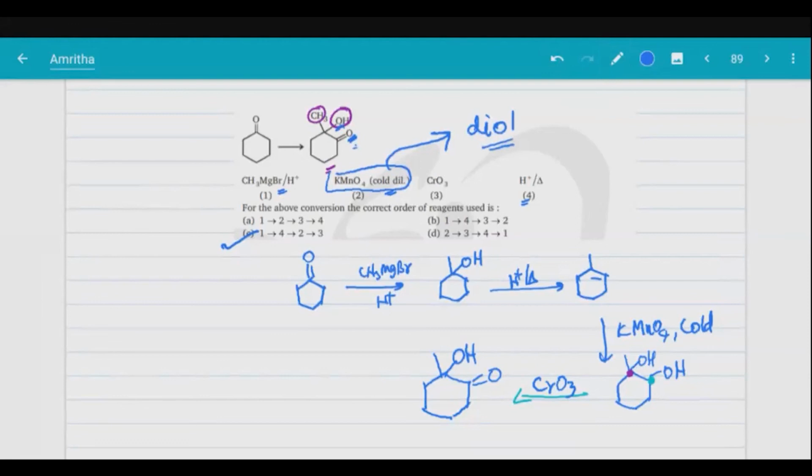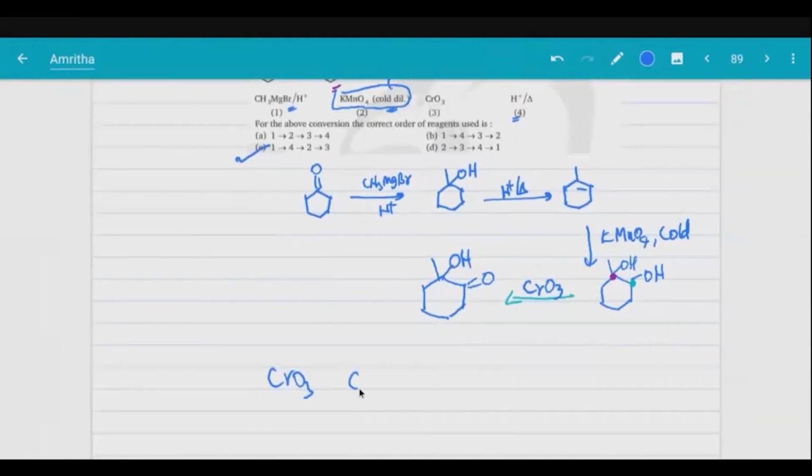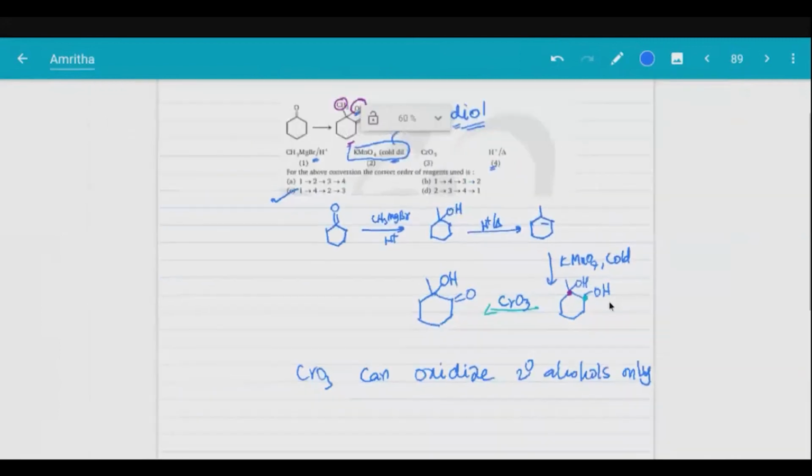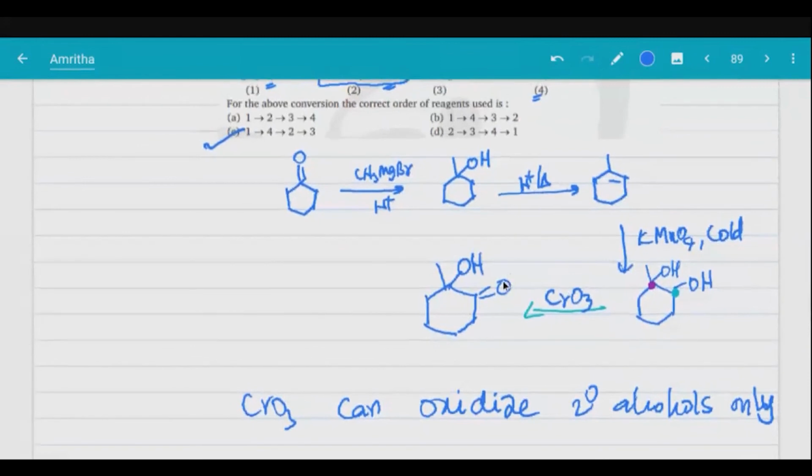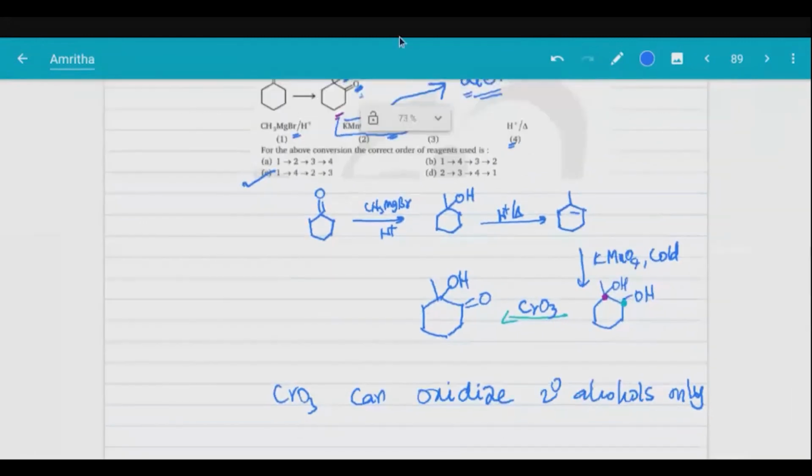So that diol, one is secondary, one is tertiary, because only secondary alcohols get oxidized with CrO3. CrO3 can oxidize secondary alcohols only, not tertiary alcohols. So that blue color one is oxidized, tertiary, there is no change. Okay. Is it clear now? Arya.